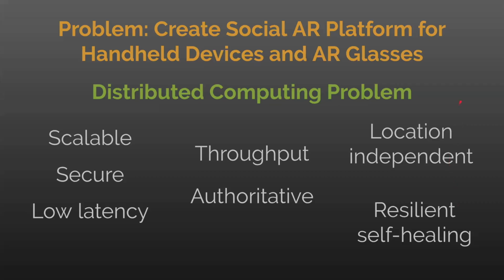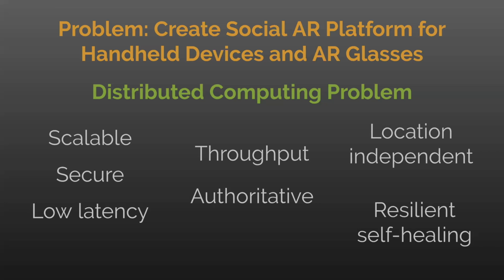The problem we have is we're trying to create a social AR platform, and we want it to work with handheld devices and AR glasses that are coming. And it's a pretty complicated problem to create a distributed computing platform that can handle the kind of growth that we expect it to have in the future.